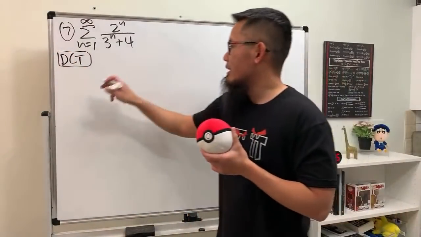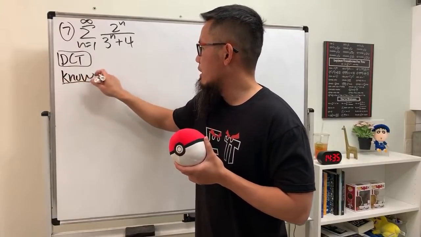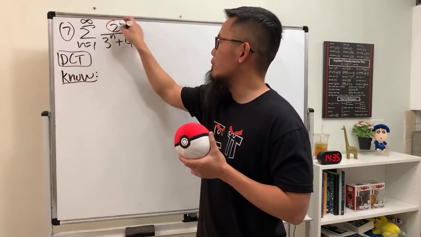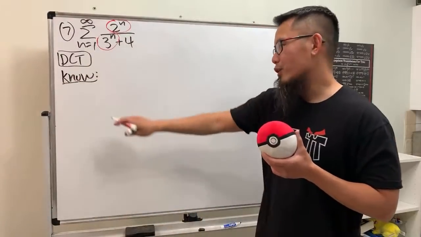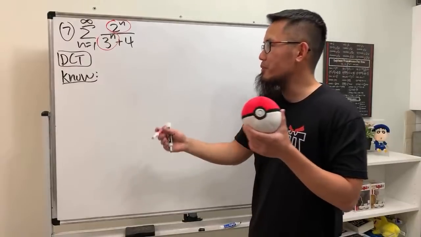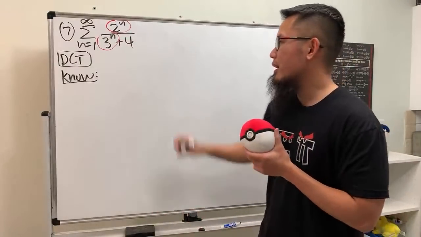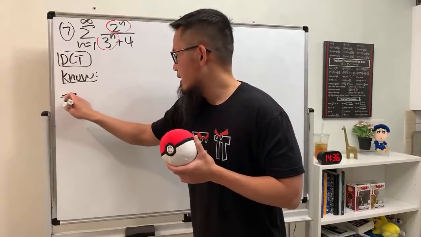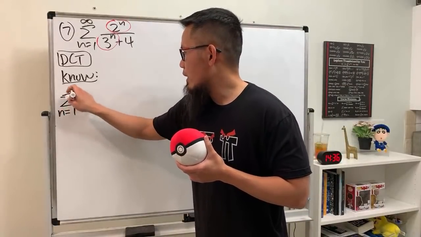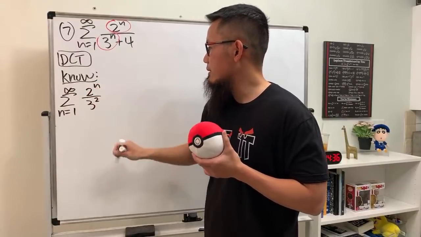Okay, so let's put down the one that we know. And for the one that we know, just look at this and look at that. And again, when you write this kind of thing down, it's just to be slightly proper, to argue that this right here also converges or also diverges. Anyway, the sum as n goes from 1 to infinity of 2 to the n over 3 to the n.